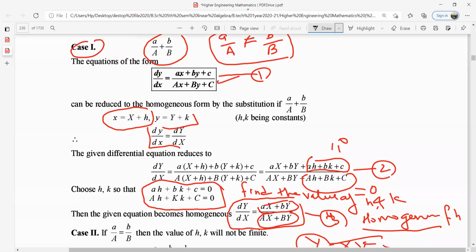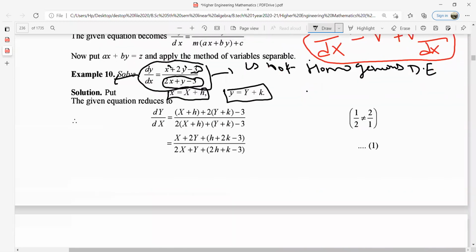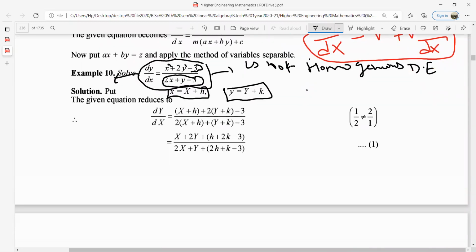So here is small a, small b, small c, and here is capital A, capital B, and capital C. So if you compare with this equation, you have to got it here small a equal to 1, small b equal to 2, capital A equal to 2, and capital B equal to 1.